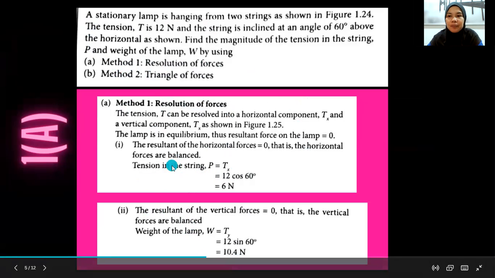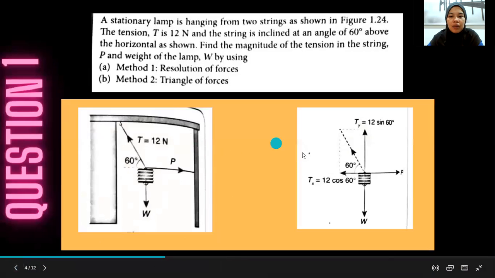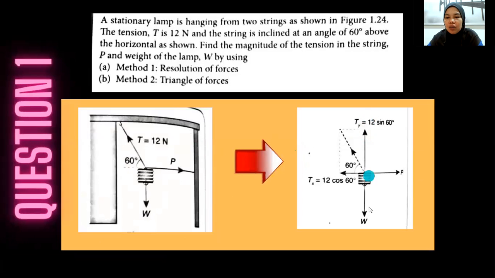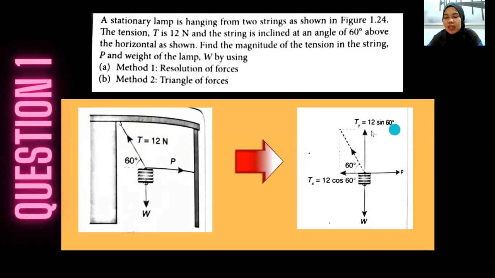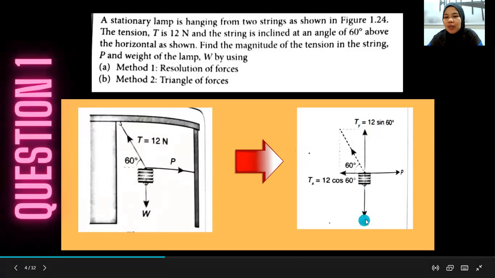As we see before, the tension Ty is equal to 12 sine 60, which is equal to the weight. That means weight is equal to 12 sine 60.